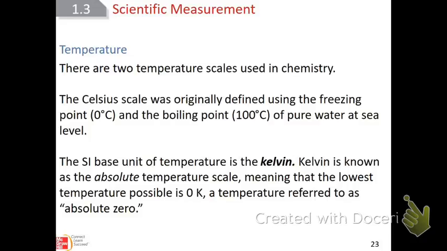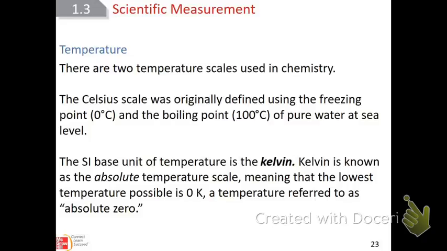However, in the metric system or the SI system, it's done in kelvins, and there's a good reason for that, and that is that there are no negative numbers on the Kelvin scale. There's something called absolute zero, and absolute zero is the lowest possible temperature. It's the temperature at which theoretically, understand no one's ever gotten there, all motion stops.